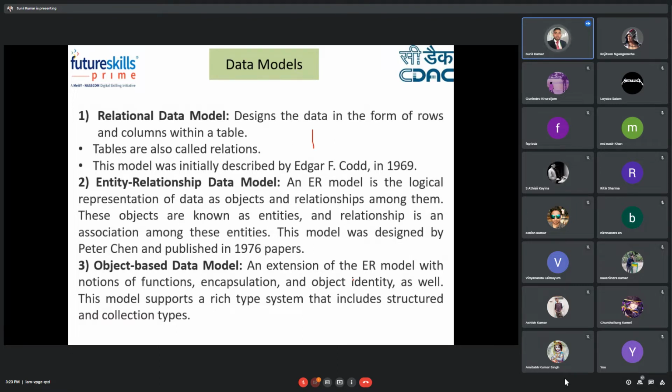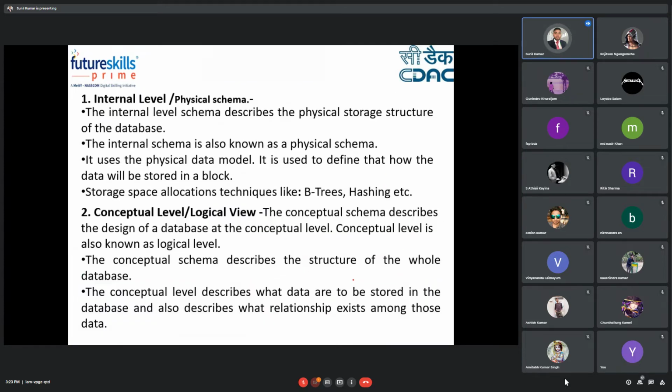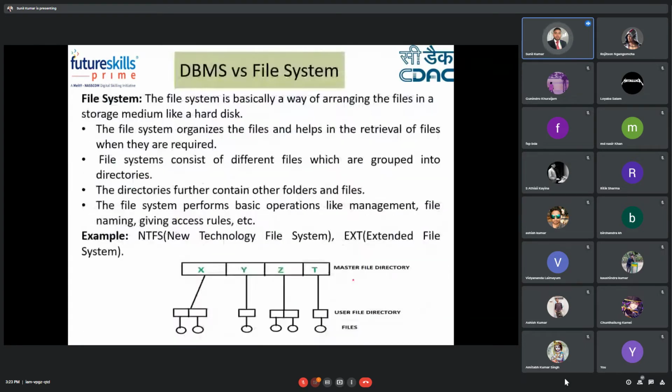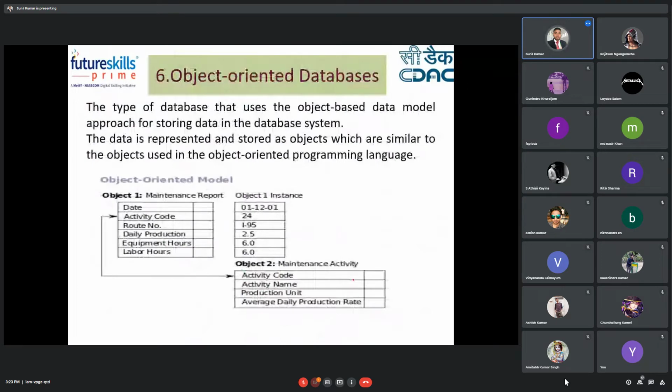Next one is the object-based data model. I also explained this model. Basically, they treat data in the form of objects, and every object uses the paradigms of object-oriented programming. You can see a little view of the object base. These are the object types, right?